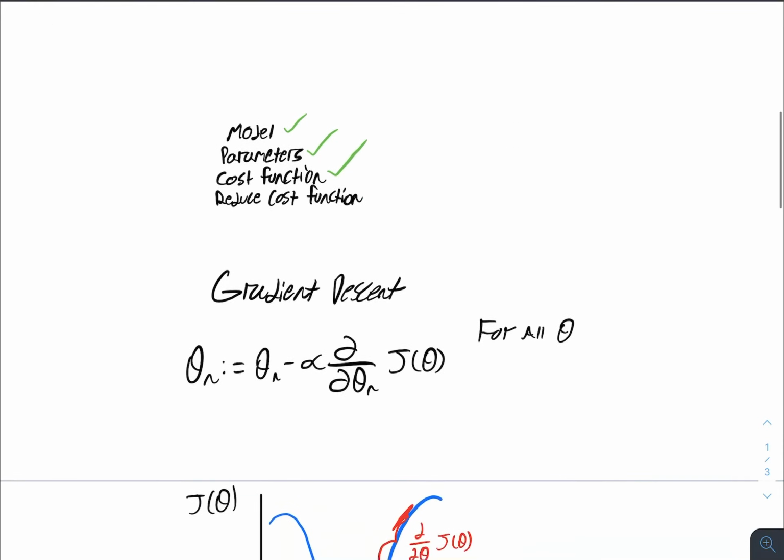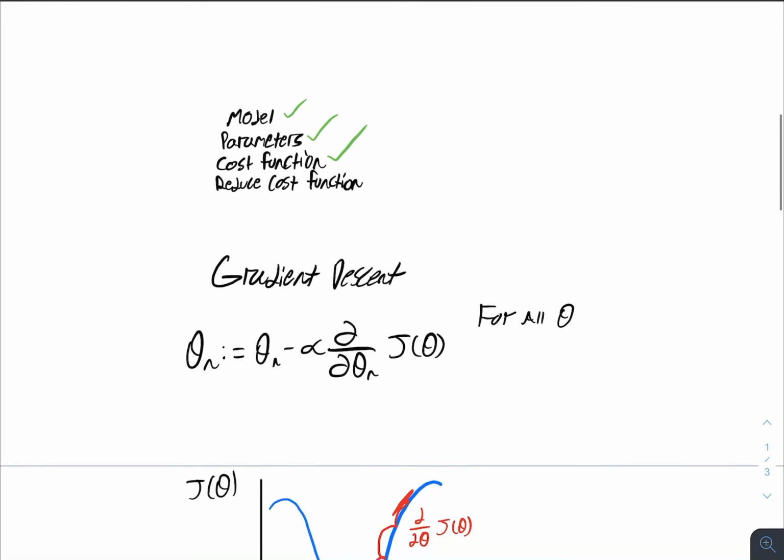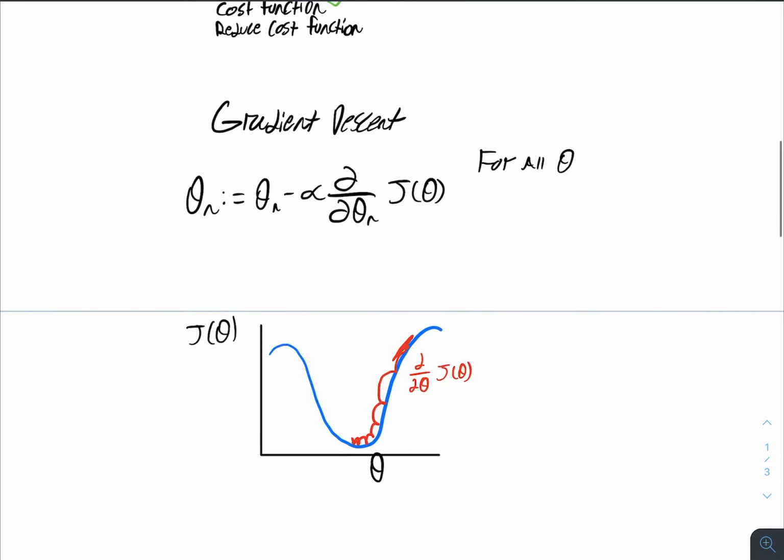Afterwards, we use some algorithm, in most cases gradient descent. There are many applications outside of just linear regression, including neural networks. We use some form of gradient descent typically. We calculate the derivative, and then we start descending down the gradient so we can minimize J of theta for all of our parameters.